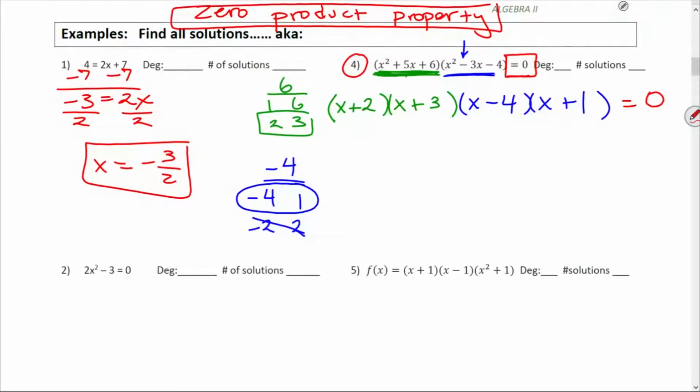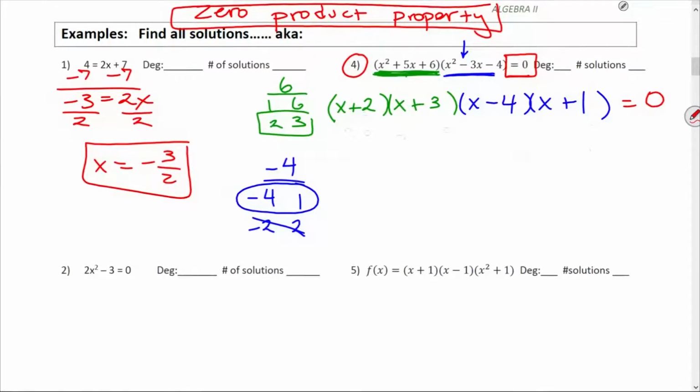So for example, if this term right here happened to be 0, it wouldn't matter what these are, because 0 times anything is 0. Similarly, if this was 0, it wouldn't matter what the other three were, because 0 times anything is 0, and all the way down. If I can look at when each of these factors is equal to 0, then I would know what the solutions are.